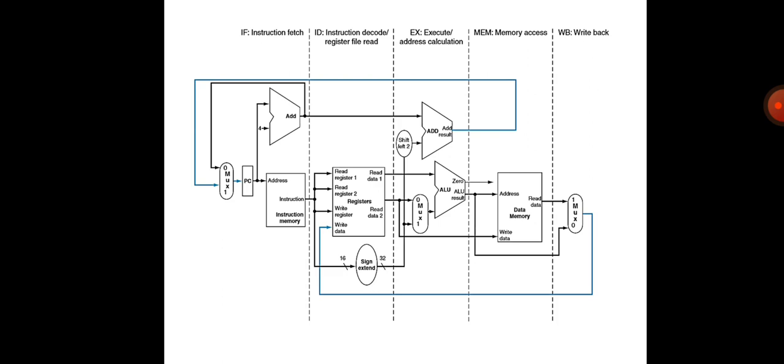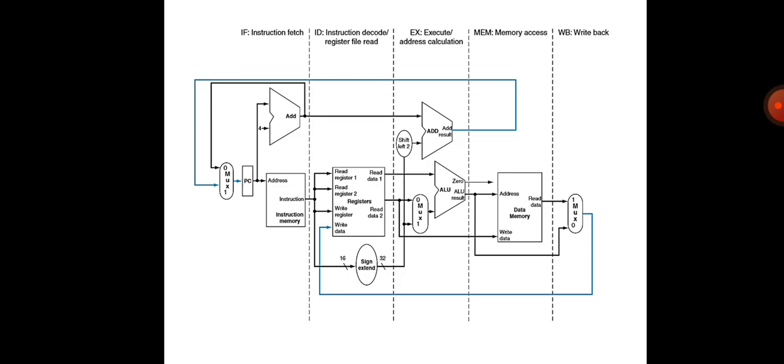For example, if an instruction is stored at address 100, the second instruction will be stored at address 104. So the current PC value will be added with 4 to point to the next instruction to be executed.